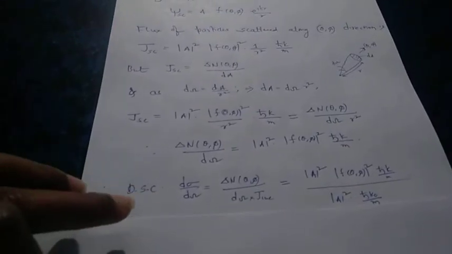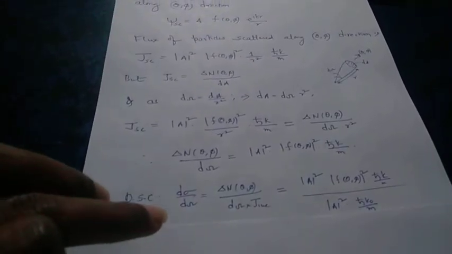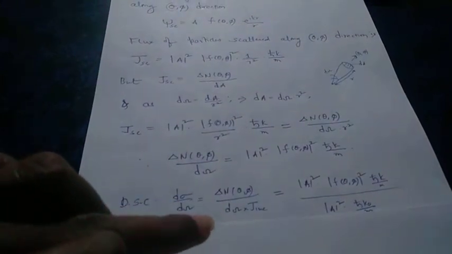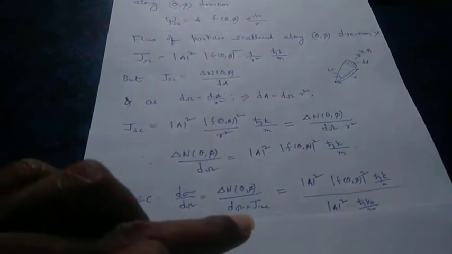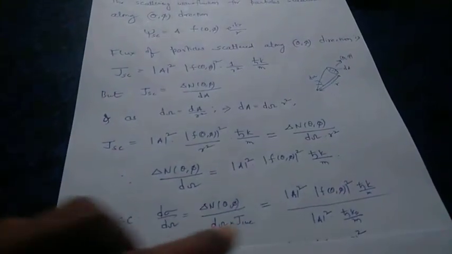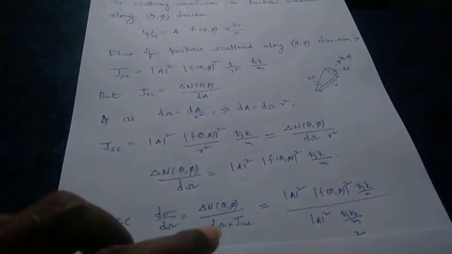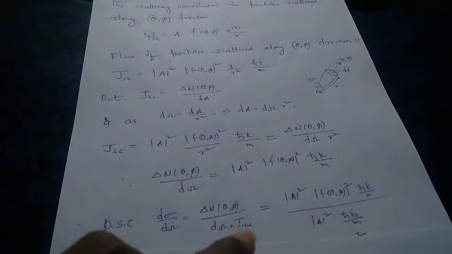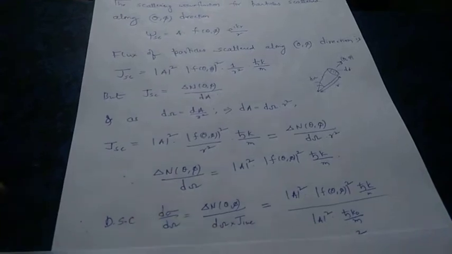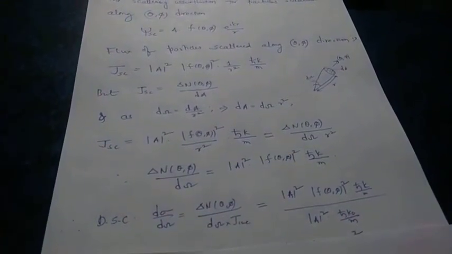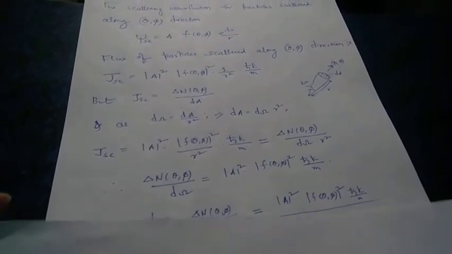Now, the definition of differential scattering cross section is d sigma by d omega, which is delta n theta phi divided by d omega into j incident. So if you write down the expressions for delta n divided by d omega as the numerator and j incident as the denominator here, we can see the cancellation of modulus A squared, m and h cut.